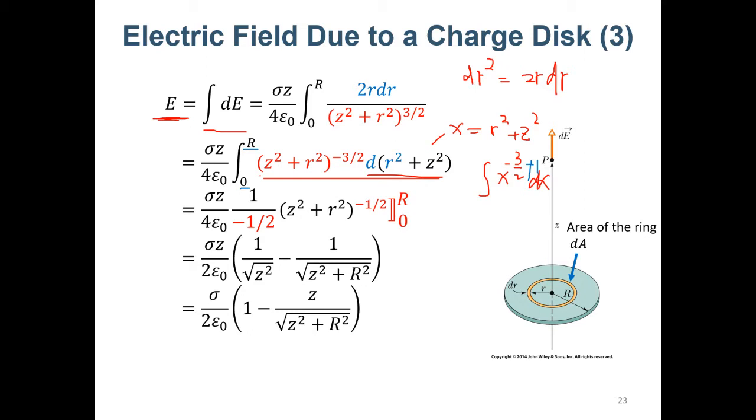And then we need to substitute r into here and 0 into here and subtract them. So here we have a negative sign, so 0 substituted into here we will get 1/square root of z squared, and then minus r substituted into this term, and then we have 1/square root of z squared plus r squared.